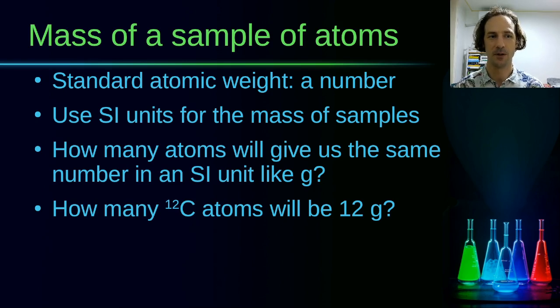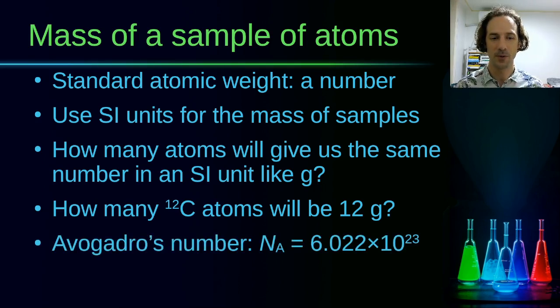Because the relative atomic weight is defined as 12 for carbon-12. It turns out that for that we need around 6 times 10 to the 23. So it's 6 followed by 23 zeros. Well, it's a little more than that, 6.022, etc. And this is the number which we named Avogadro's number, or Avogadro's constant.